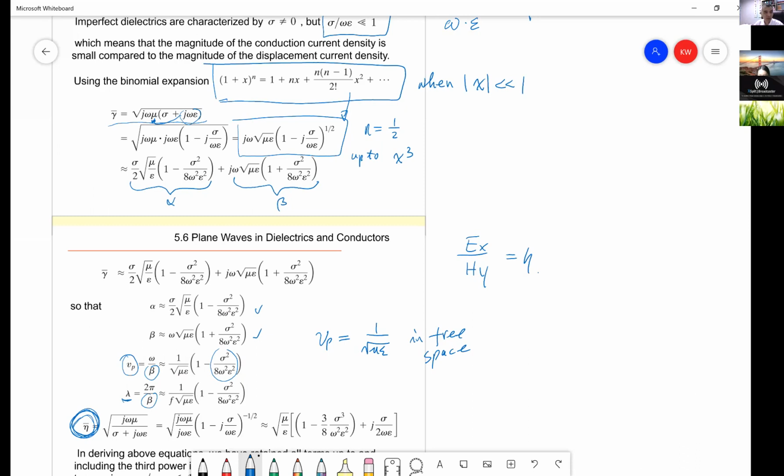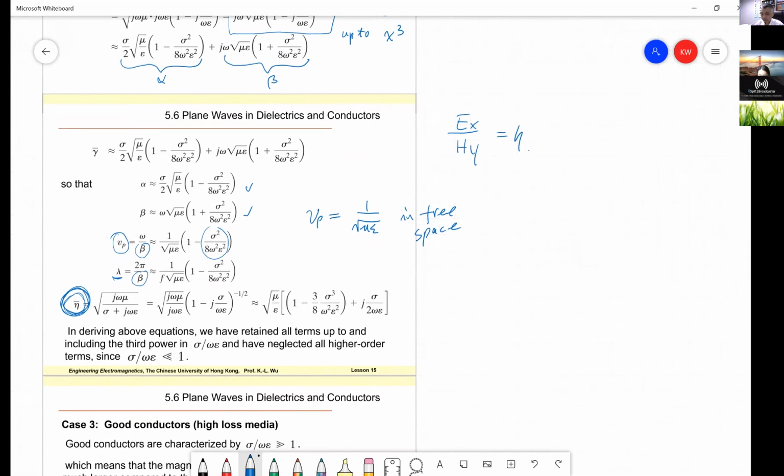So they have a phase difference. This is what we have when the electromagnetic wave is in a low loss medium.